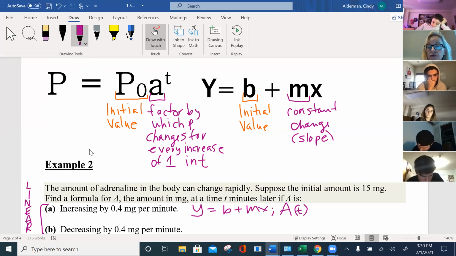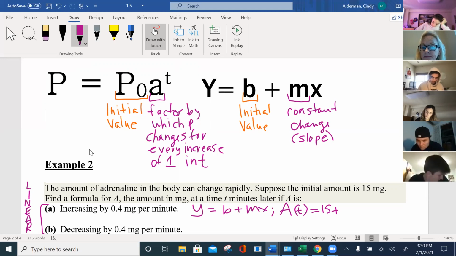A of t is equal to, what's the initial value here? 15. Yeah, it's 15, plus, what's the slope in this case? Would it be 0.4? Yeah, 0.4. And then we've got t, because we know that the amount of adrenaline is in terms of how much time goes by. Excellent.